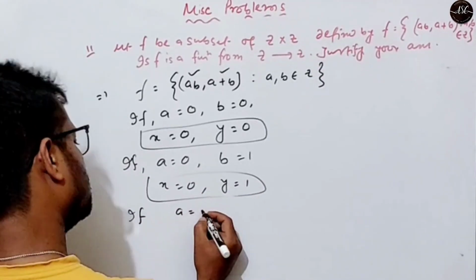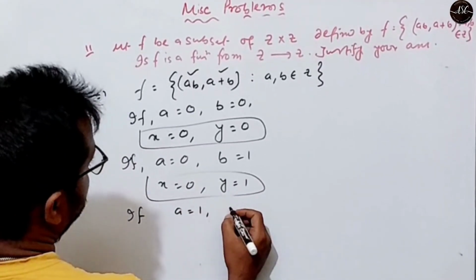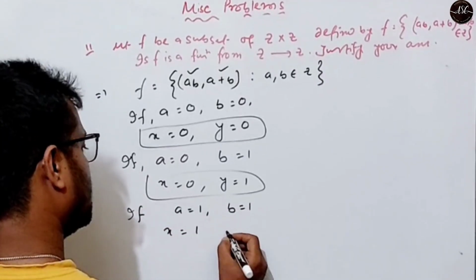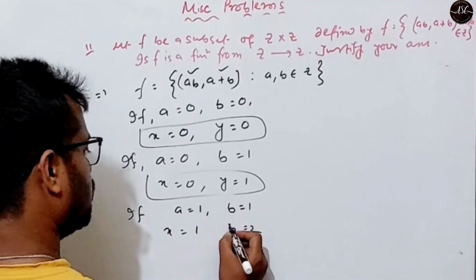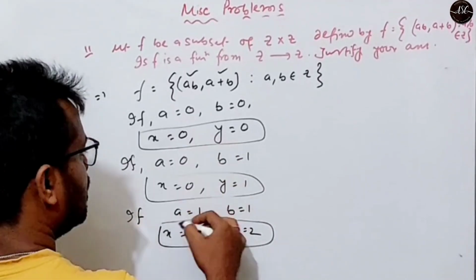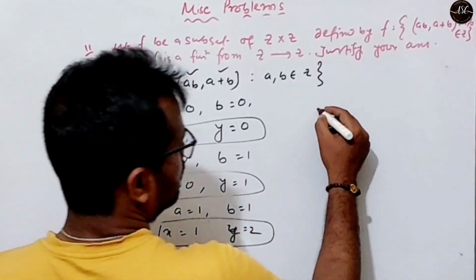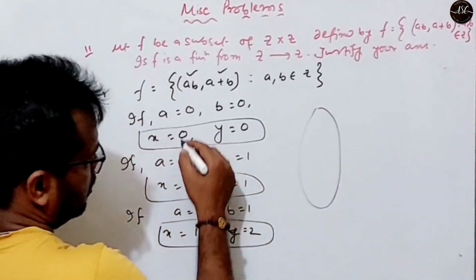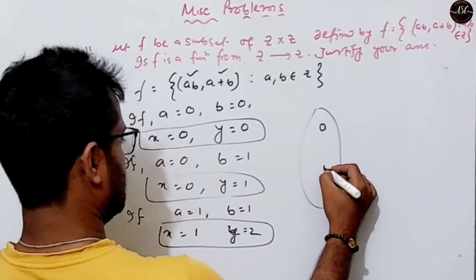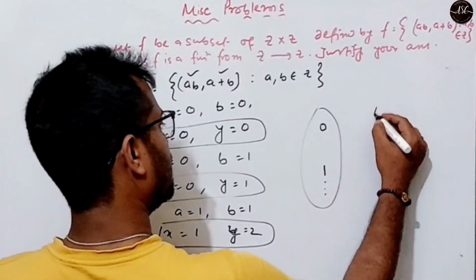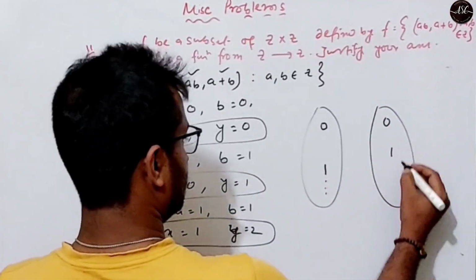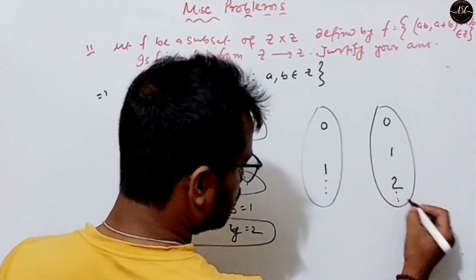If a equal to 1, b equal to 1, then x equal to 1 and y equal to 2. So if we choose a function by these values, here x is 0 and 1 and so on, and here we get 0, 1 and 2 and so on.